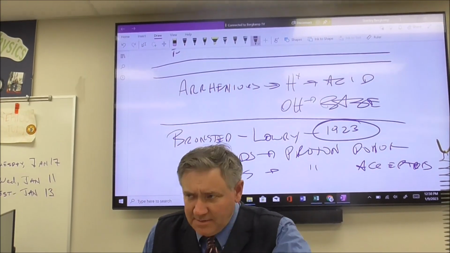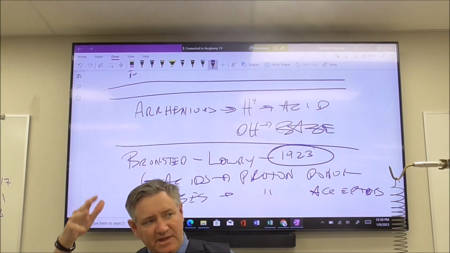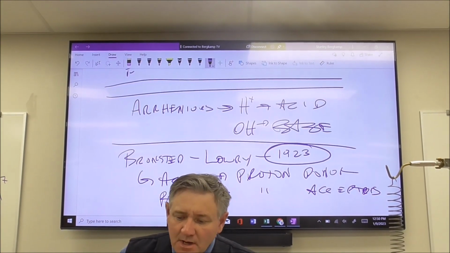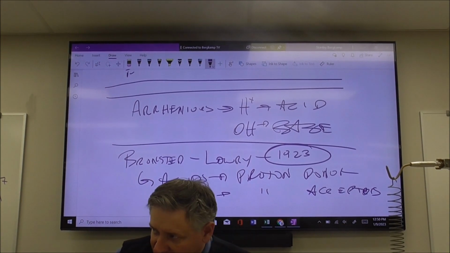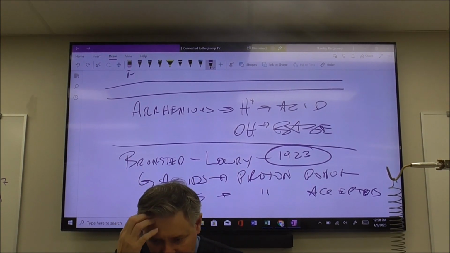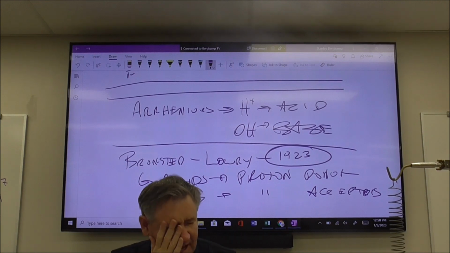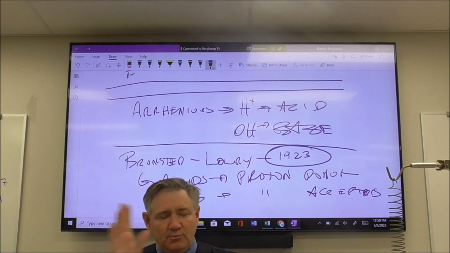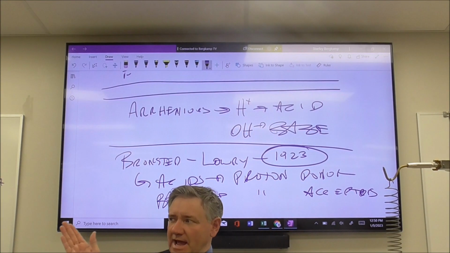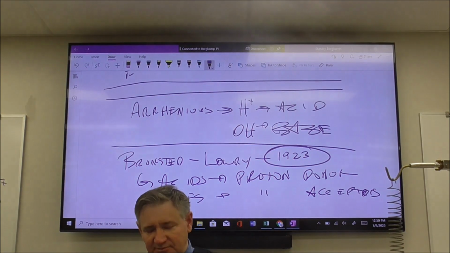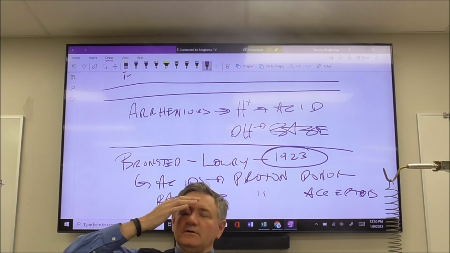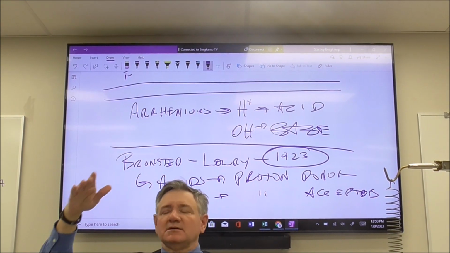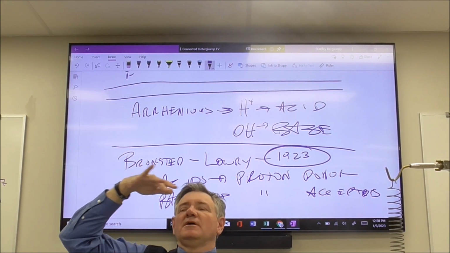And this is just going to build on the whole idea of acid-base equilibrium. There are three different types of definitions of acids and bases. The first one is what I call the Chem 1 definition, the Arrhenius definition. It's the simplest one.